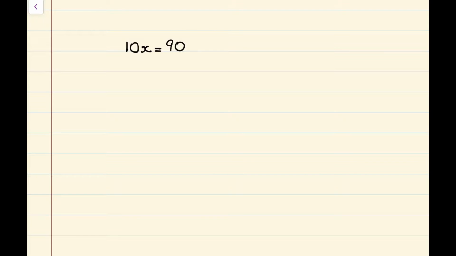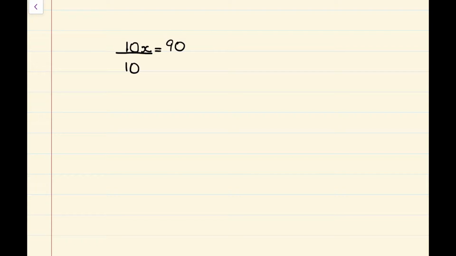In this case, we want to get rid of the 10, because once we get rid of the 10, we would just have x by itself, so then we would be able to solve for x. So we're going to divide by 10, because we just want to get rid of it.